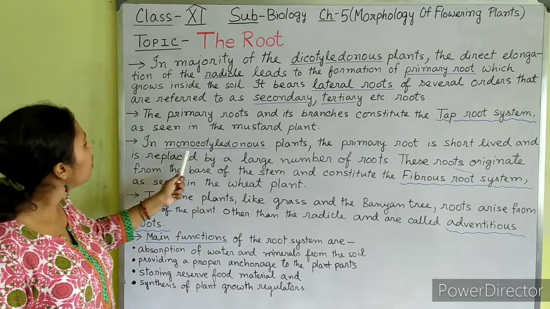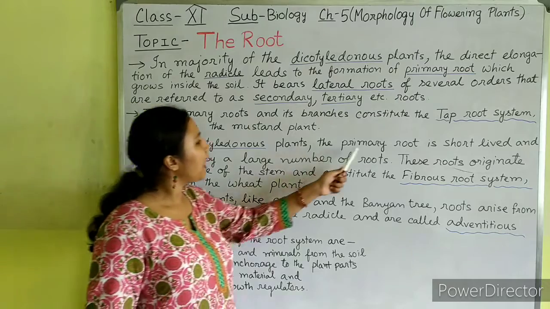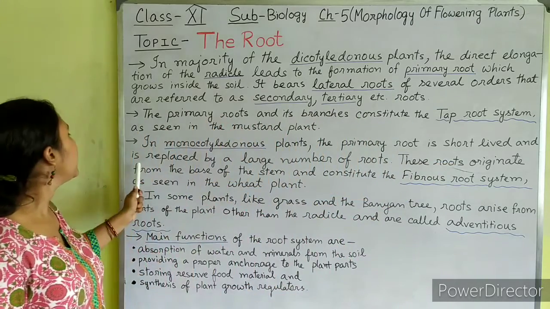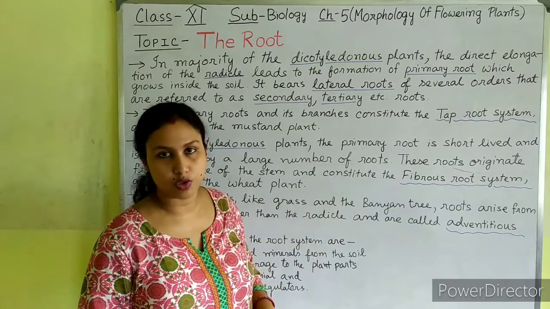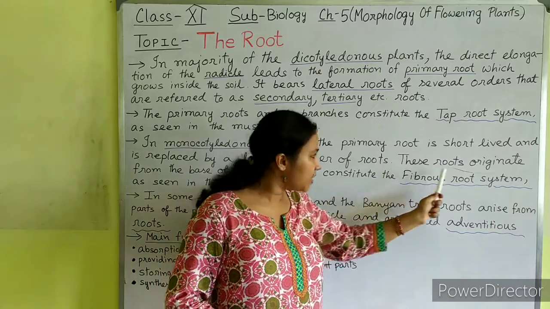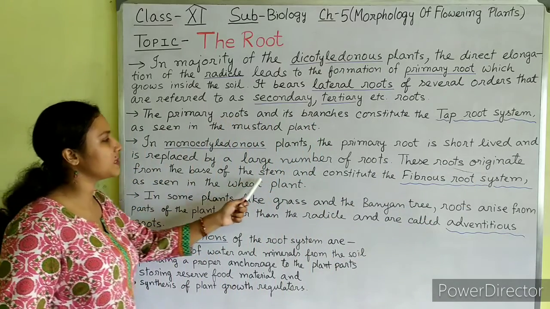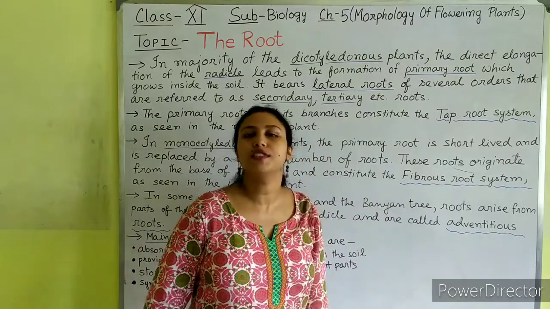Next, in monocotyledonous plants, the primary root is short-lived and is replaced by a large number of roots. These roots originate from the base of the stem and constitute the fibrous root system.